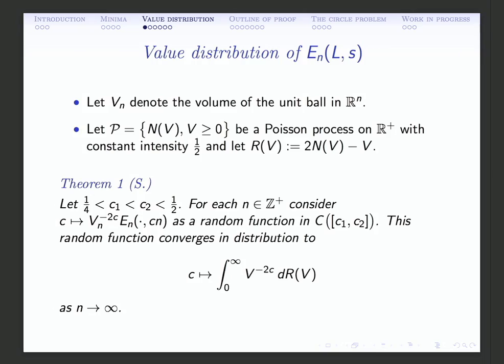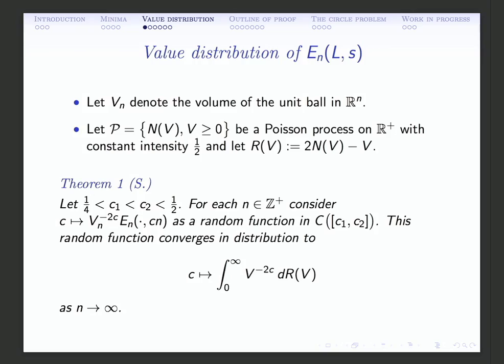And that this limit makes sense is maybe not all that obvious, but I'll return to that in a second. But for this talk, the important thing is that as long as we stay away from the midpoint of the critical strip, then I can actually give the limit distribution explicitly here.